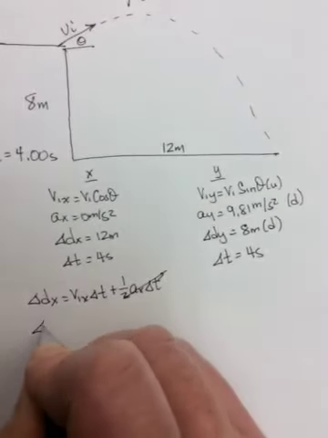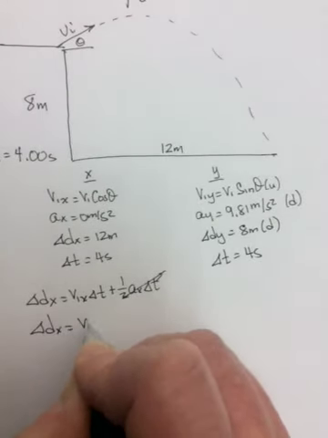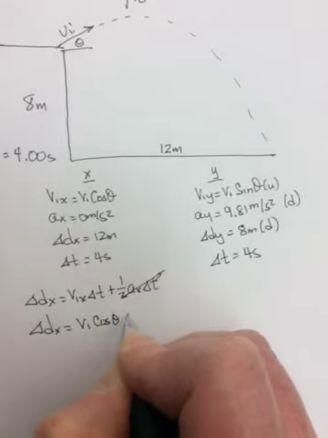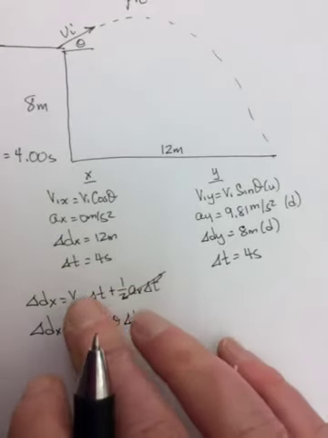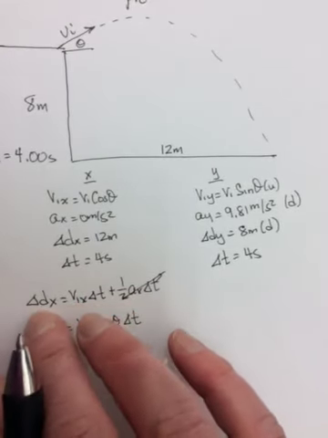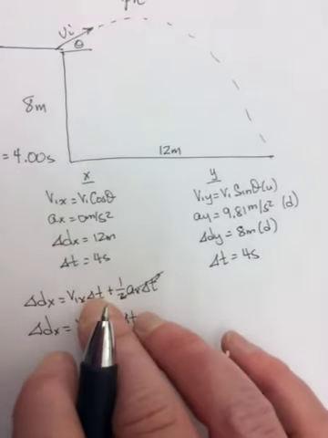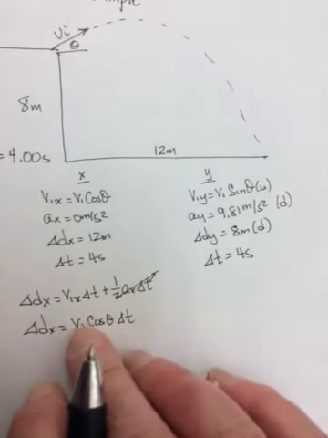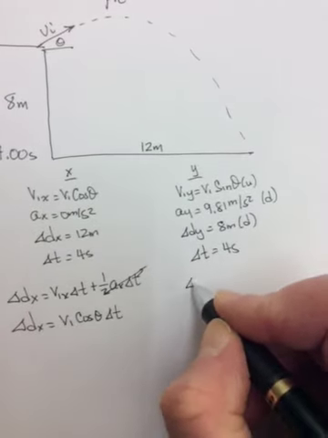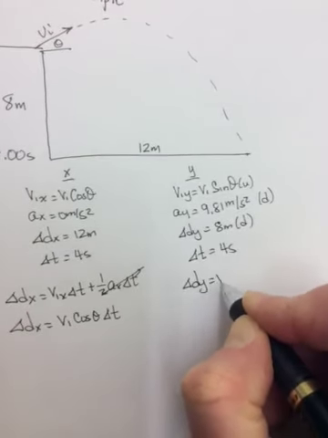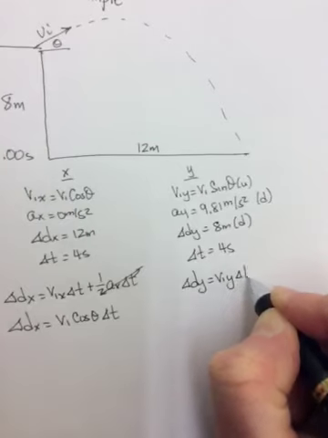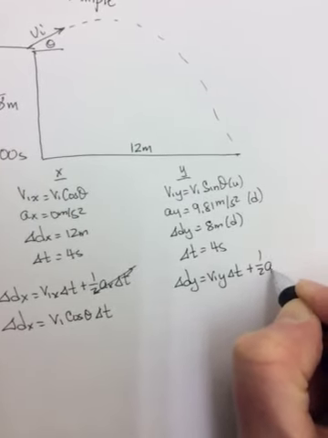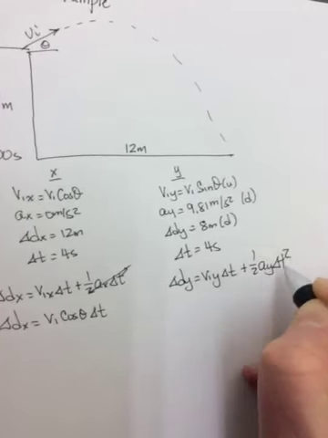So if you do the tan theta one, this will be delta dx is equal to VI cos theta delta t, and you can't find it. If you left it as VIX, you could find it. You have both delta dx and delta t. But if you expanded it out here, now you have two unknowns. And so you would have to go to delta dy, which is equal to VIY delta t plus 1/2 AY delta t squared.